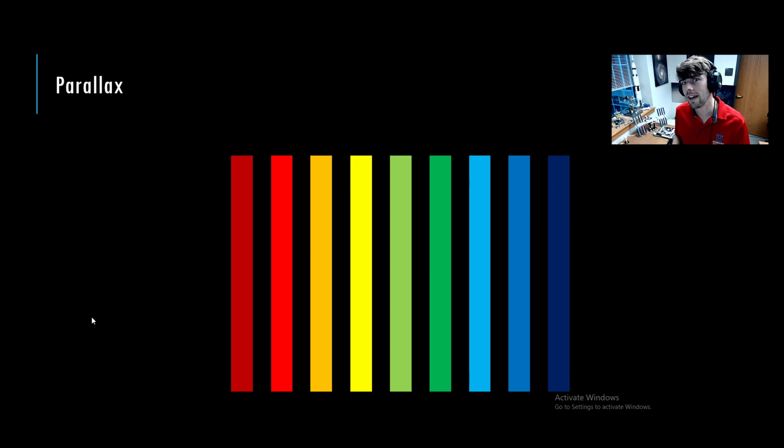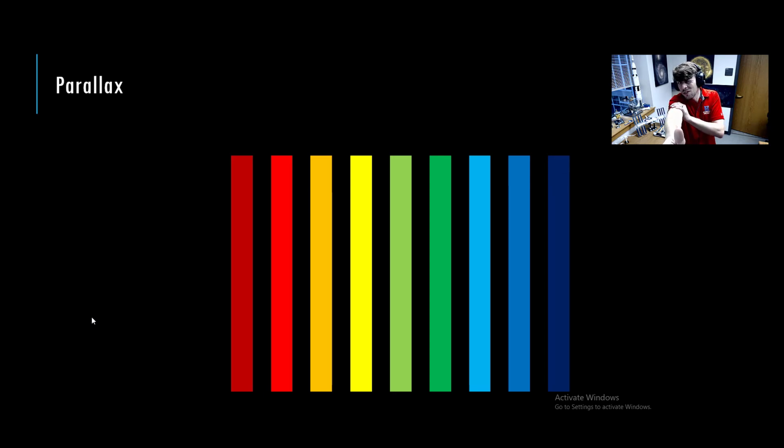The question I have for you is, why does your thumb appear to shift? Your thumb appears to shift because you're viewing it at a slightly different angle. When I did this, I'm viewing my thumb with my left eye, lined up with that center green strip.